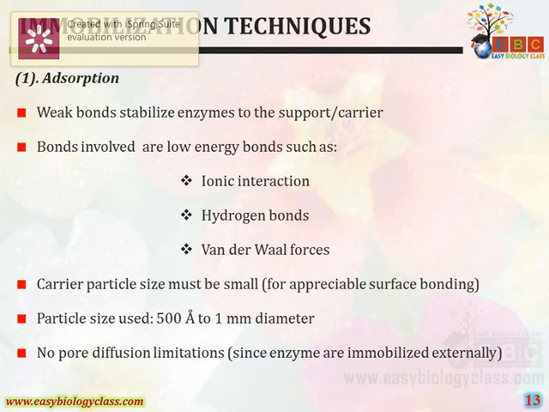Here in adsorption, 3 biochemical interactions are used for the binding or linking of enzymes on the support system: the ionic interaction, that is the electrostatic interaction, then hydrogen bonding and van der Waals forces are used to link or join the enzymes on the surface of the matrix.